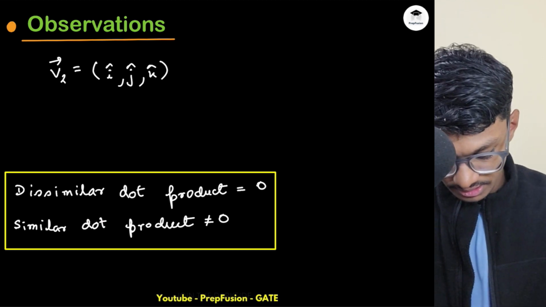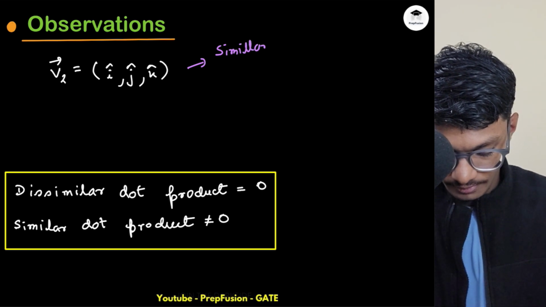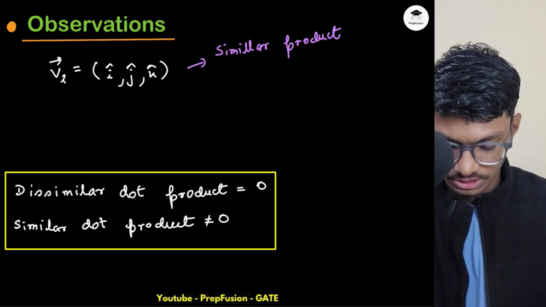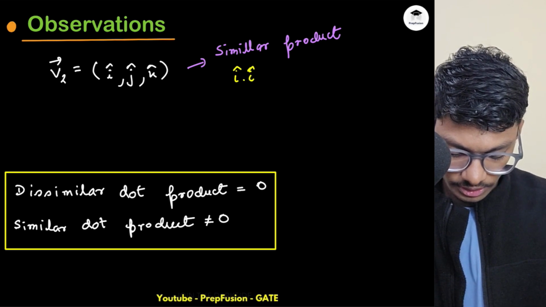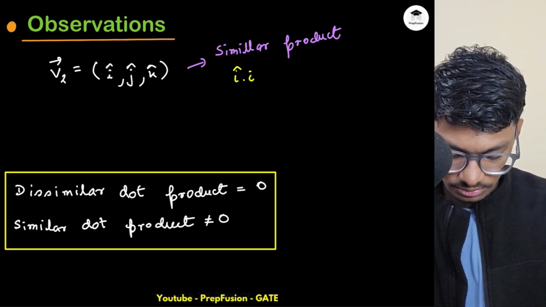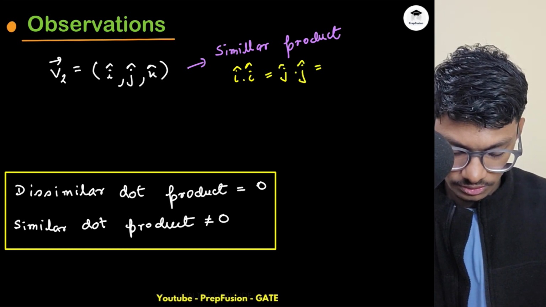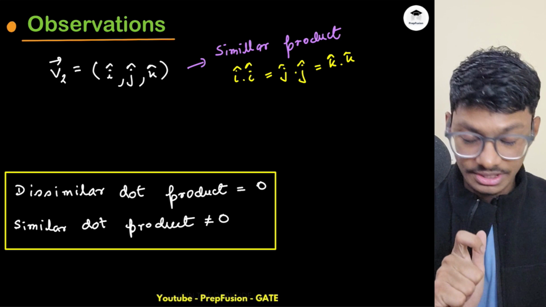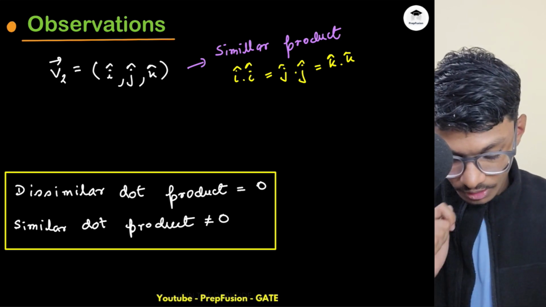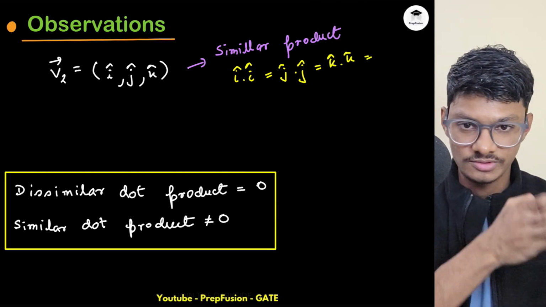So here I can say the similar product, i dot i equals j dot j equals k dot k, right? So i dot i equals j dot j equals k dot k equals what? Equals 1, because the magnitude of i is 1, 1 times 1 into cos of 0.